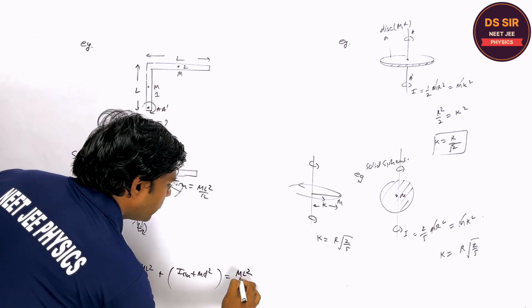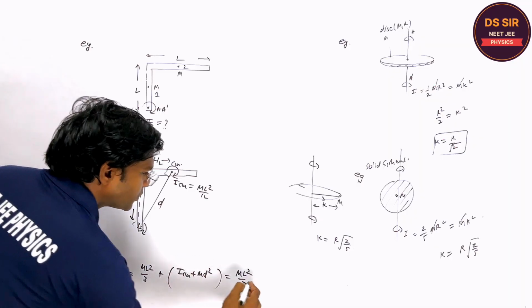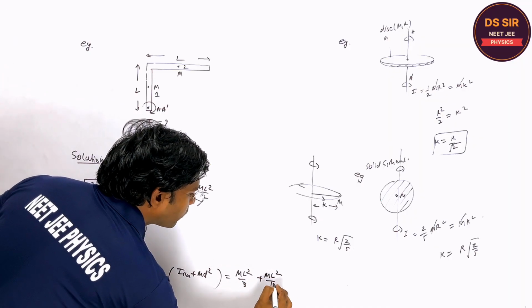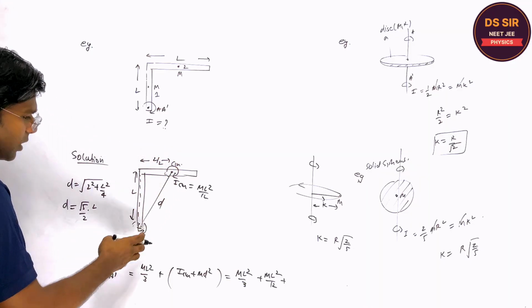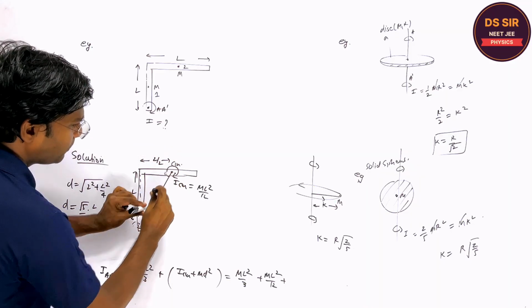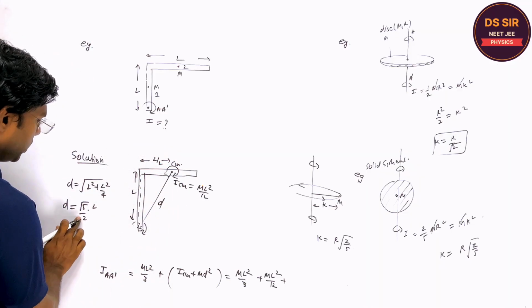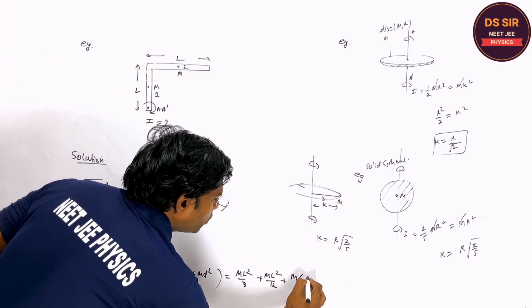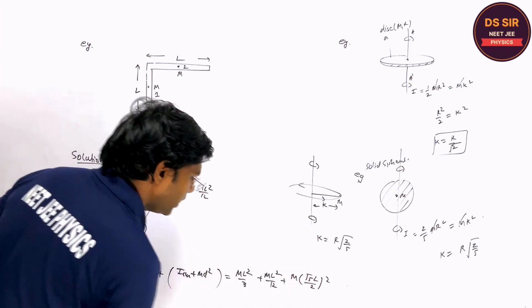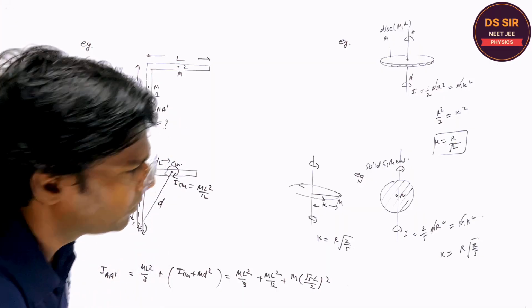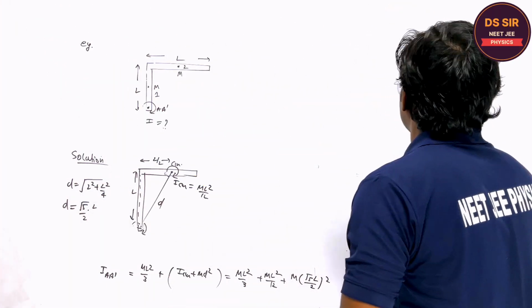For the first rod it is ml square by 3, and for this one it is ml square by 12. Very good. Plus m d square, the distance between two parallel axes. So d is this: m into root 5 L by 2 whole square. Now we can simplify and get the answer.